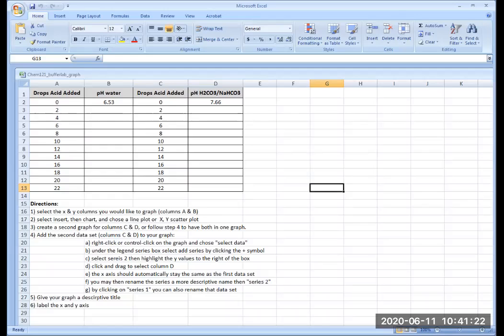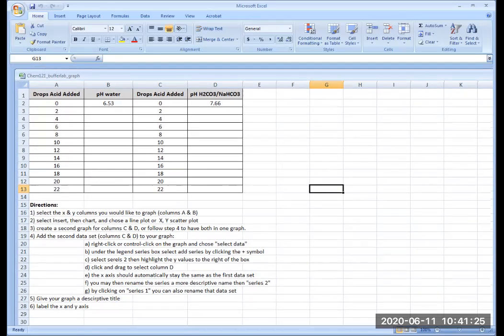It's prepared already for you, and you have instructions on how to do the graph. First you would need to type the pH, let's say for water, 6.01, whatever. You type your pH values here, and then follow the instructions on how to do the graph.